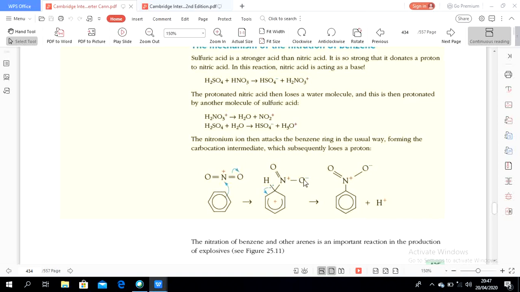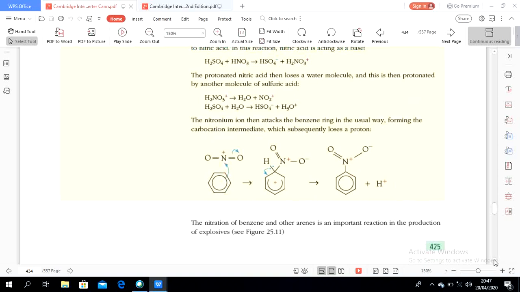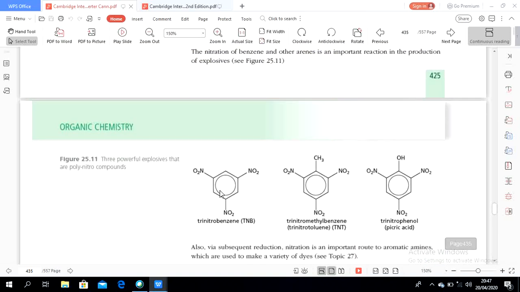That makes the oxygen have an excess, O minus, and then N plus, and then this one will become NO2. This is positive and there is a negative. And then there is a formation of nitrobenzene.